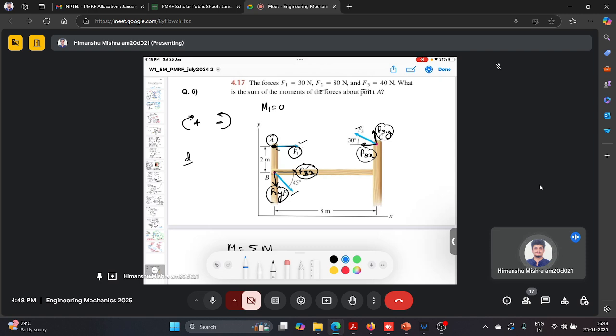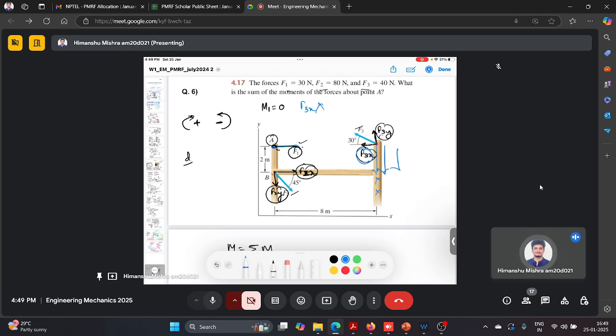So for F3x there is no perpendicular distance, because the perpendicular distance should be in this direction, and you can see from point A there is no perpendicular distance for F3x, which means F3x will not create any movement about point A. It can create a movement at any other point, like at point B or here, but about point A it is not creating any movement.